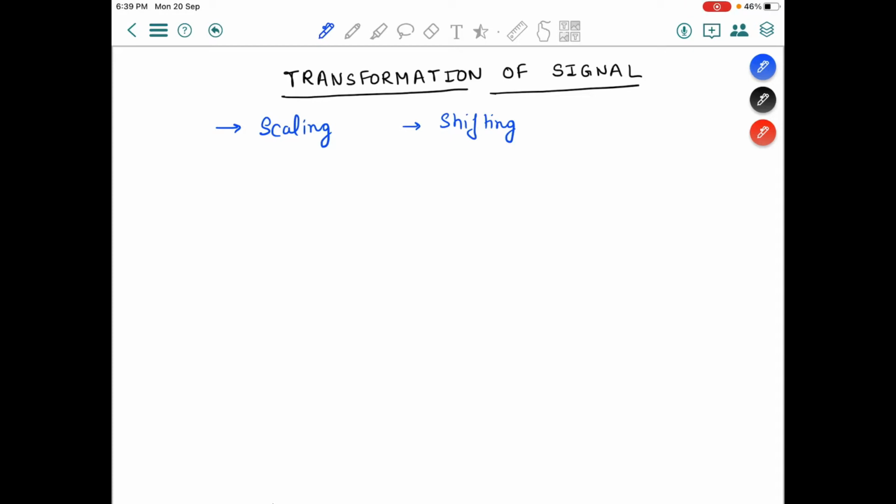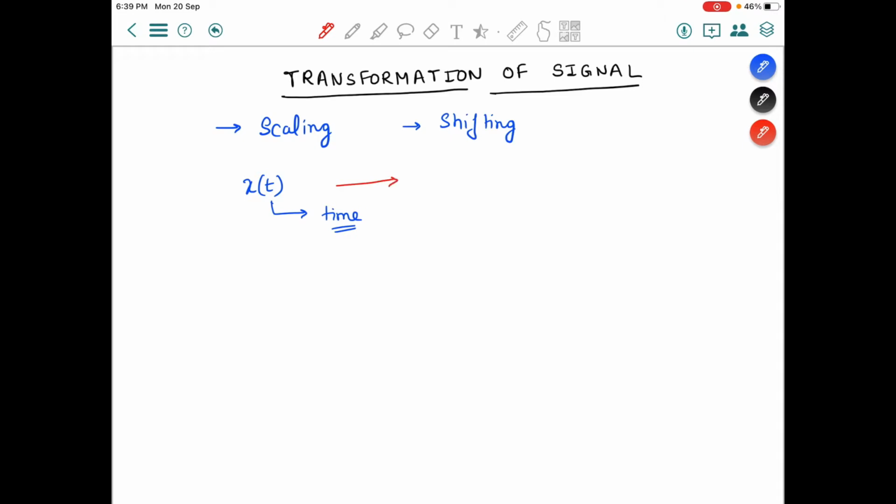I've already explained that a continuous time signal is denoted as x(t). When we do some operations on the independent variable, here the independent variable is t, which is time, then we say that we are transforming our signal. So what kind of transformation can we do?